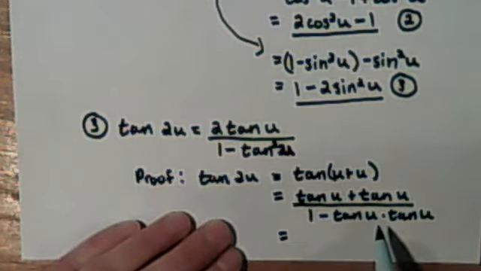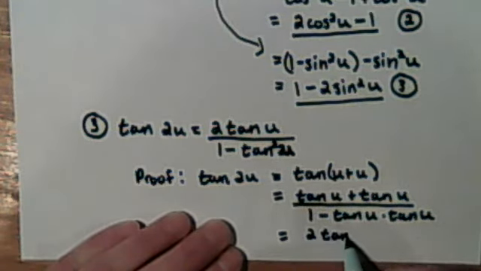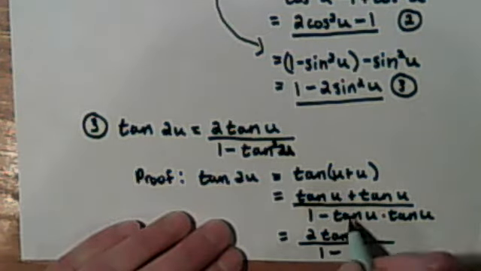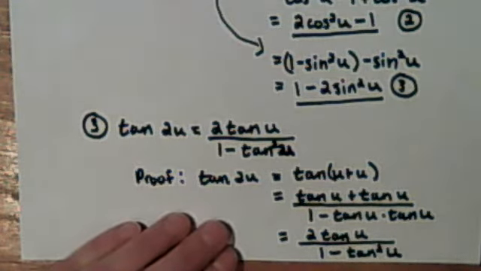So you can very quickly see how we come up with the formula. Again, it's 2 of the tangent u's over 1 minus, and now we're multiplying, so it's tangent squared of u.